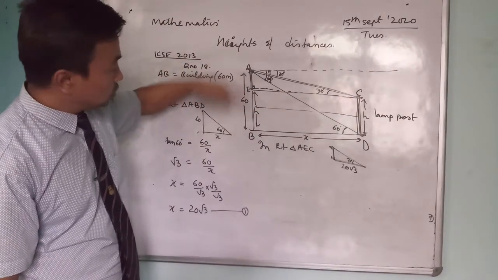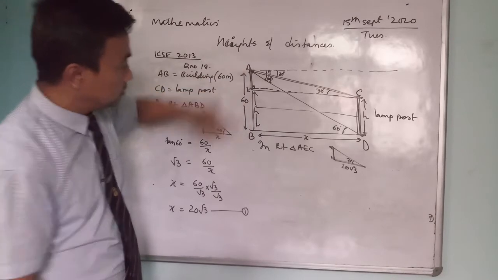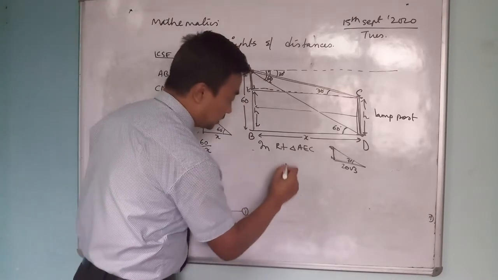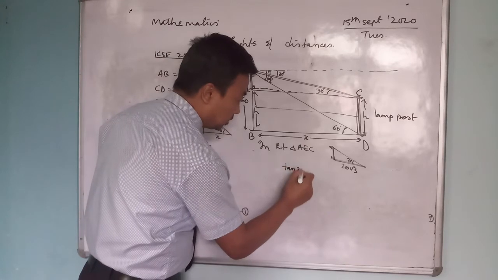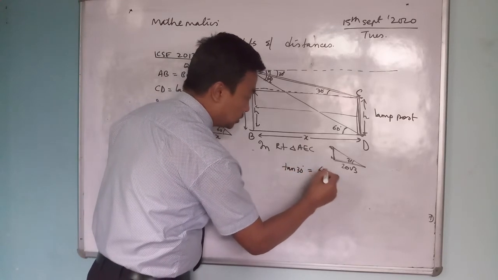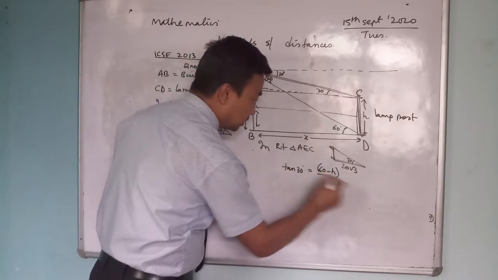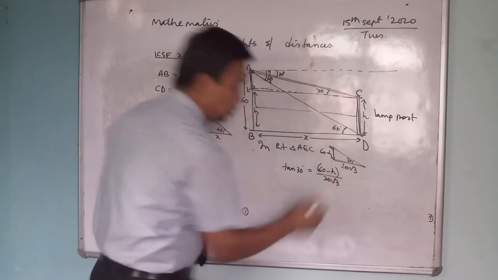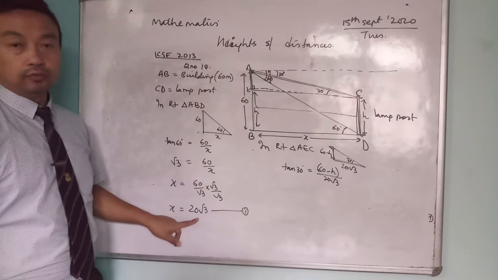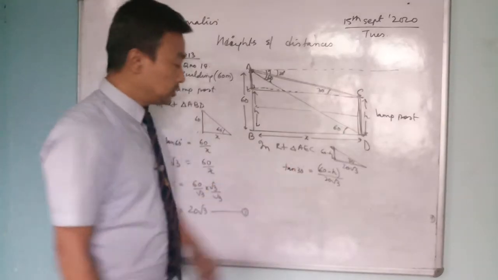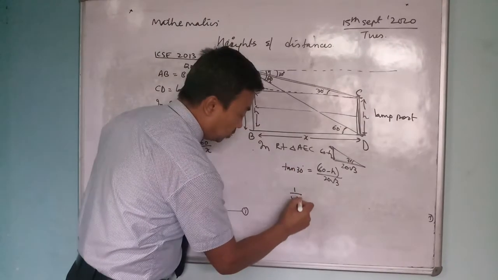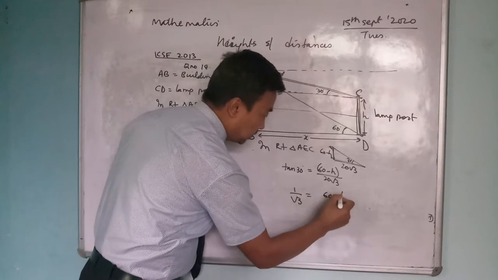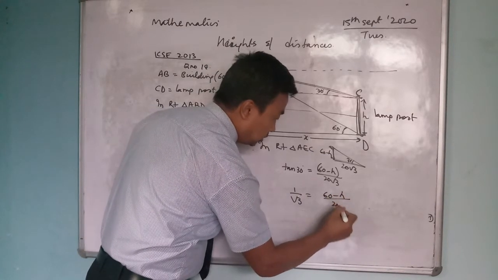The total height is 60, so this will be 60 minus h. So we can write: tan 30 degree equals 60 minus h, that is the perpendicular, and the base is 20 root 3, because base we have already found. So tan 30 we know is 1 by root 3, equals 60 minus h over 20 root 3.